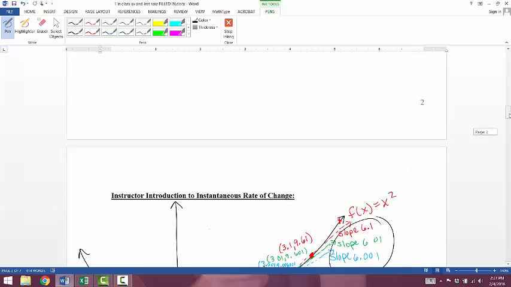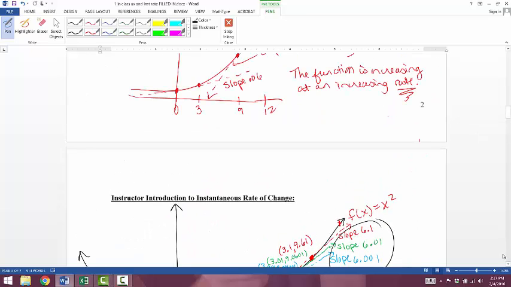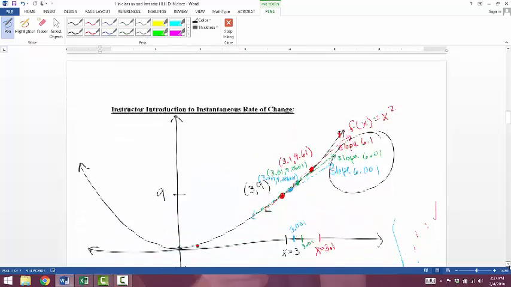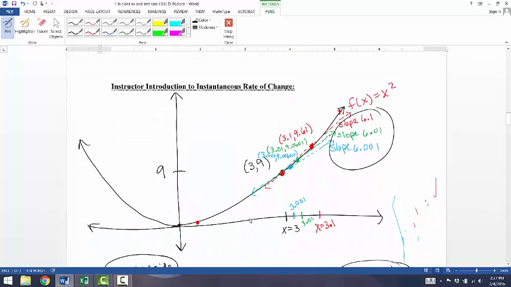We could do the same thing from the left side of x equals 3. I could sneak up on x equals 3 from the left side. So for example, I could go from 2.9 up to x equals 3. I could go even closer, 2.99 up to x equals 3.